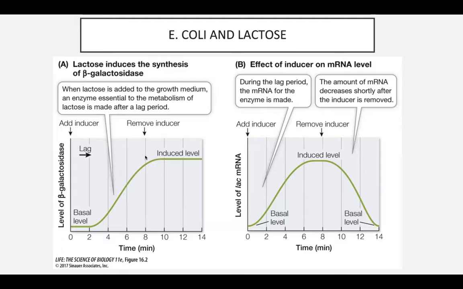When the inducer is added, in this case lactose, the level of mRNA, in order to break it down, is then increased significantly, as you see here. But once you remove the inducer, once you remove lactose, then it returns back to normal, which is the basal level.